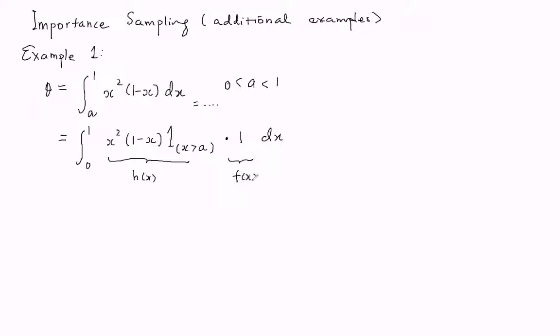For your f of x, you use a simple uniform density, all right? Now you have this simple uniform density here, and then this is an indicator function, right?